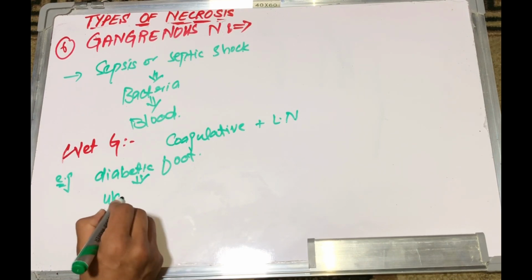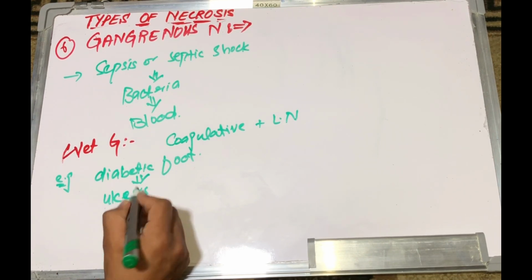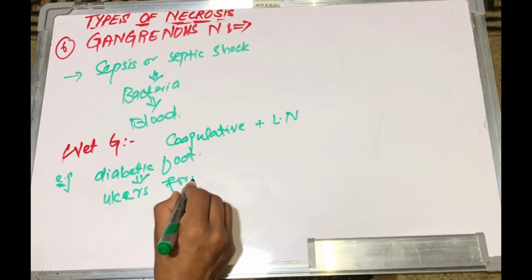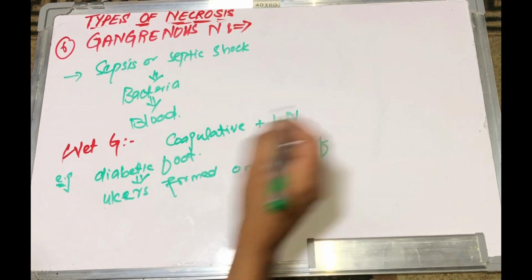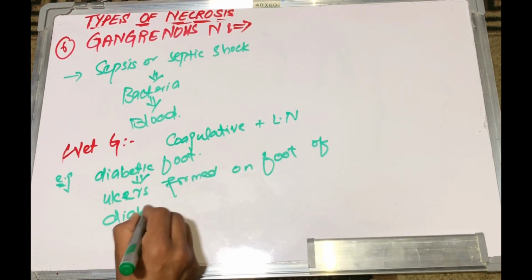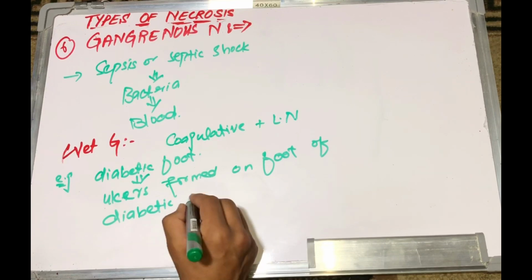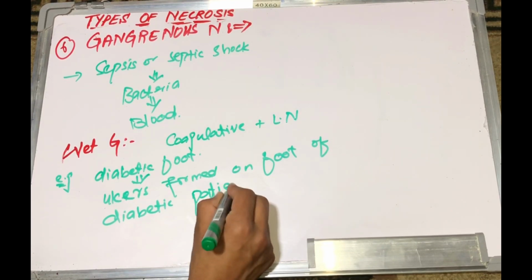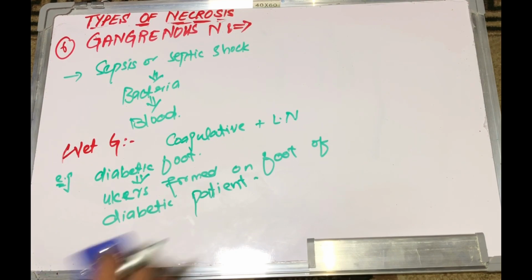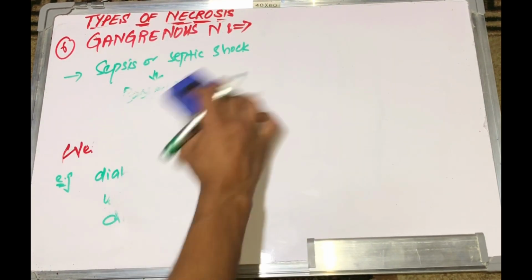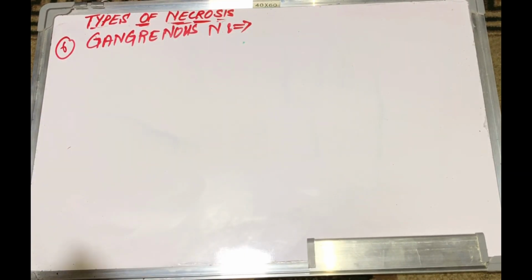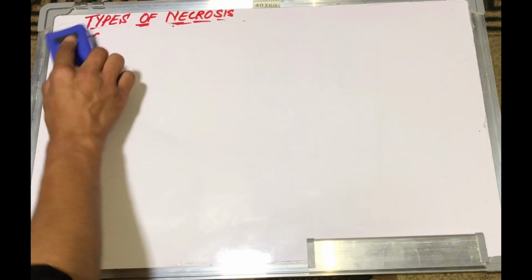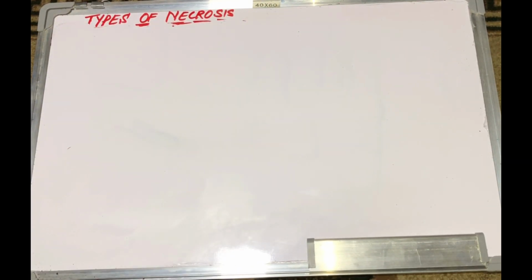Usually ulcers form on the foot of a diabetic patient. So this was all about gangrenous necrosis, a clinical term that is used whenever there is a limb involved. So till now we have discussed all 6 types of necrosis.